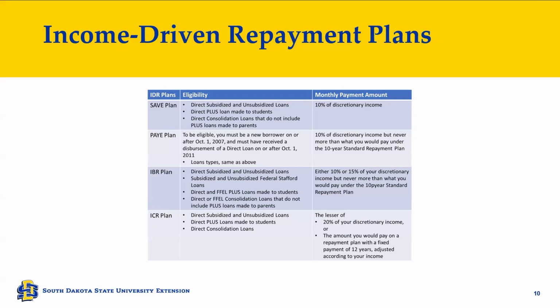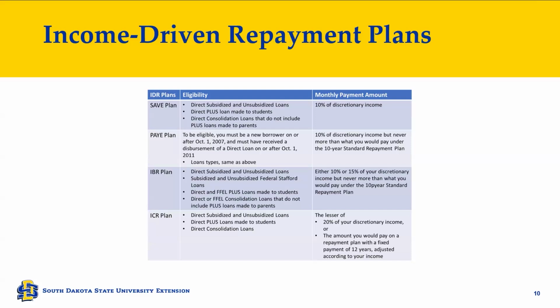The IBR, I just forget what these are called here, the income-based repayment plan, works that same way, with all those direct subsidized and unsubsidized loans, and the PLUS loans that are made to students.